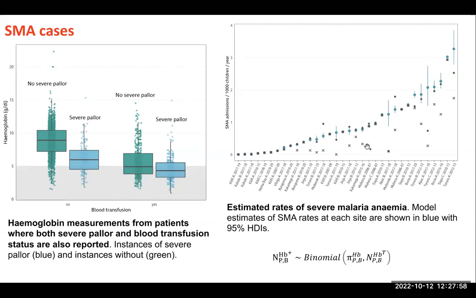The crosses here show you the rate of SMA based on patients with only hemoglobin level recorded. And the diamond is the rate based on the interpretation of all the three measures. And as you can see from this, if the SMA rate was defined using hemoglobin level only, this would have grossly underestimated the rates in sites with incomplete reporting. As you can see, using the proxy measures, the rates, for example, for a site were much higher than what would have been estimated if you only used HB level.